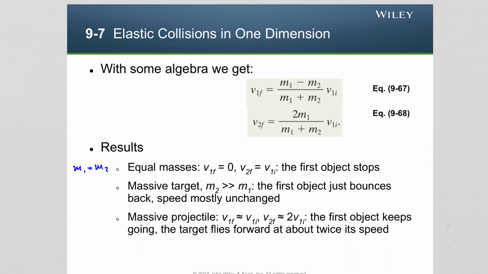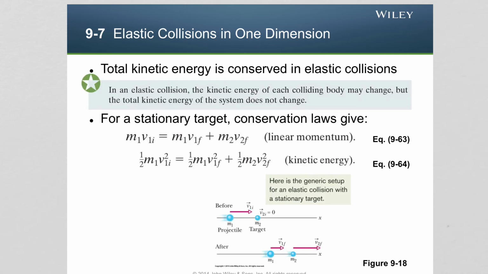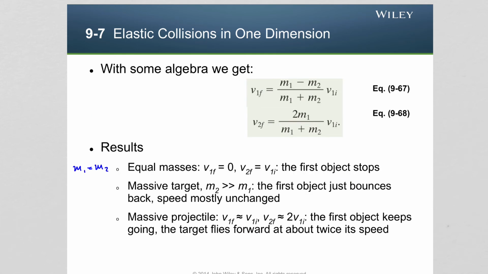For a massive target, which means object 2 is much heavier than object 1, the final velocity of the first object will be approximately the opposite of the initial velocity of the first object, which means that the object just bounced back from the target.